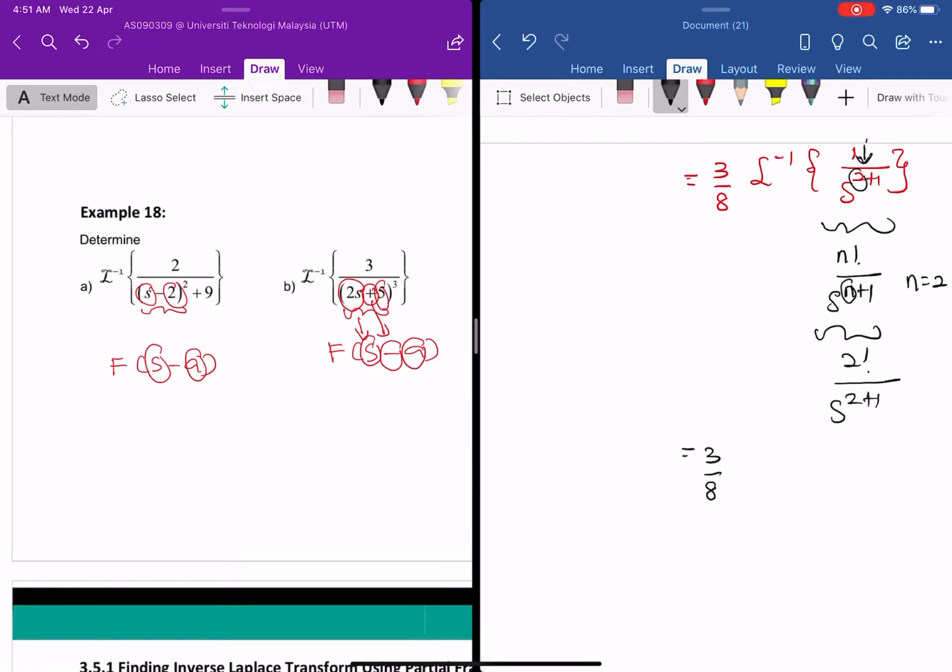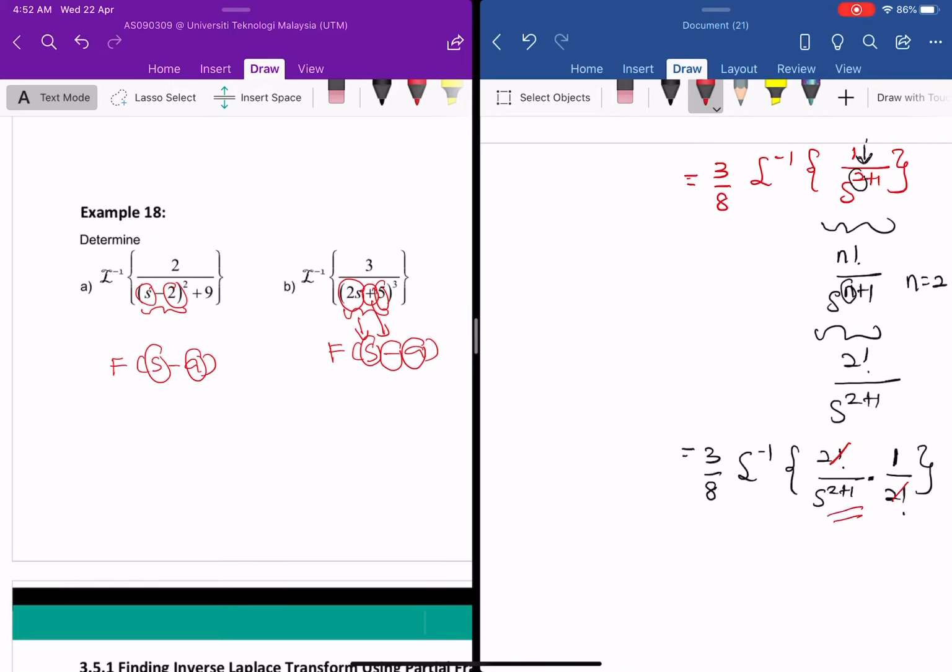As usual, 3 over 8, Laplace inverse of 2 factorial over s to the power of 2 plus 1. Because the original one doesn't have a 2, so 1 over 2 factorial. Why? Because when you cancel here, you obtain the original one.